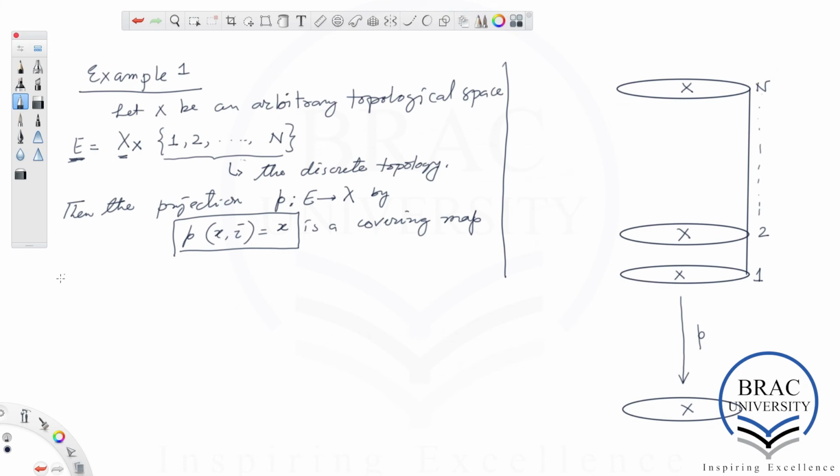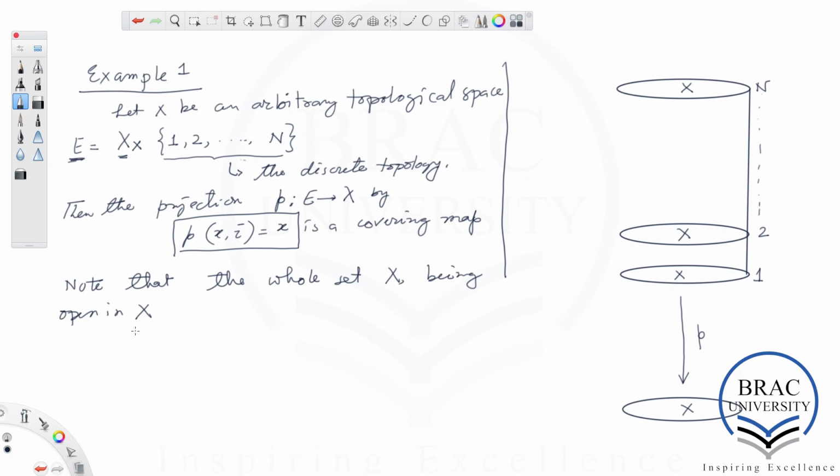So note that the whole set X, being open in X, in the topological space X itself, is open, right? From the definition of topology.